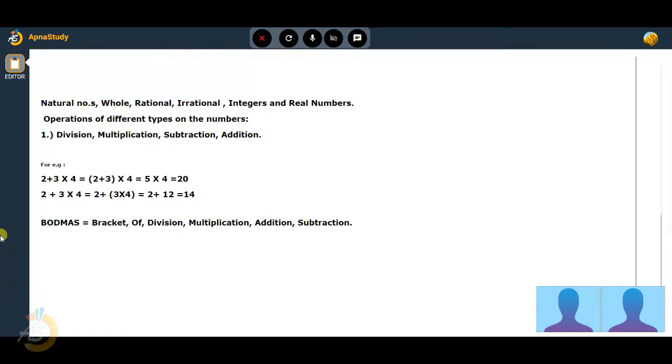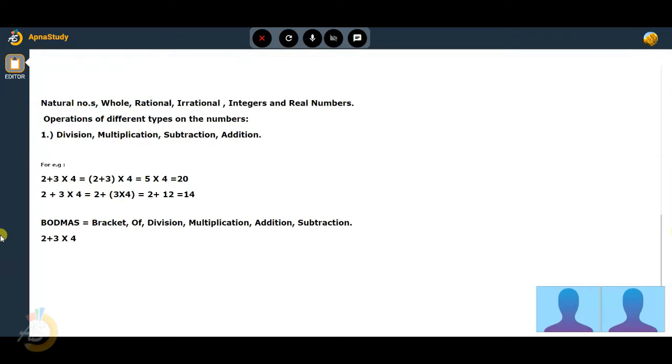The problem was 2 plus 3 into 4. See the formula which I have written: bracket, of, division, multiplication, addition, subtraction. We know that division and multiplication come before addition and subtraction.